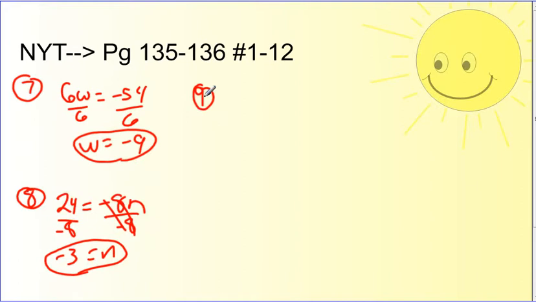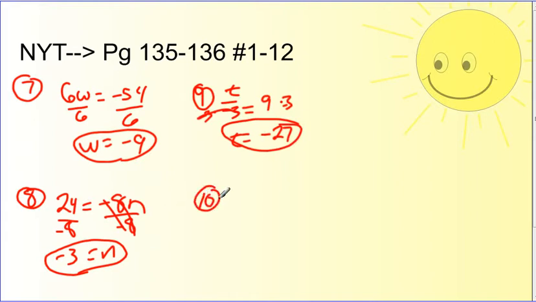And it says t over negative 3 equals 9. The opposite of divide by negative 3 is a times by negative 3. T equals 9 times negative 3 is a negative 27.